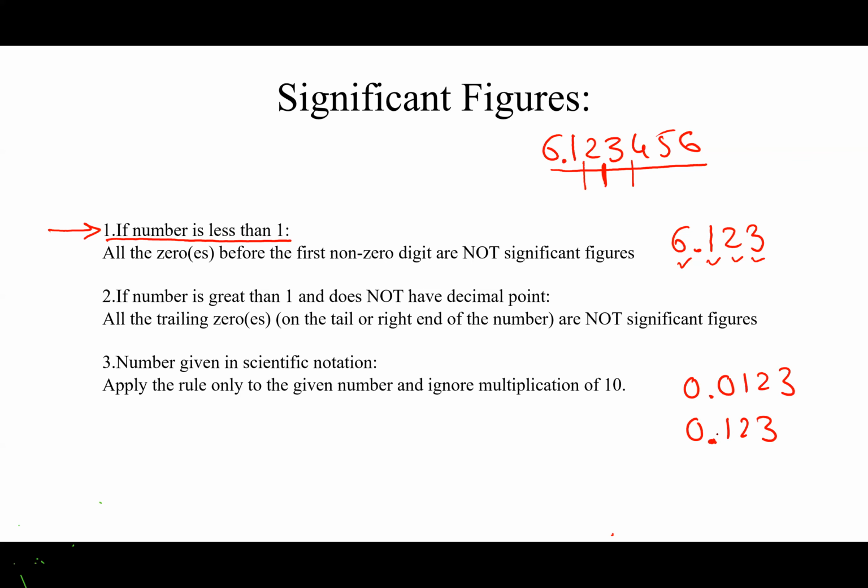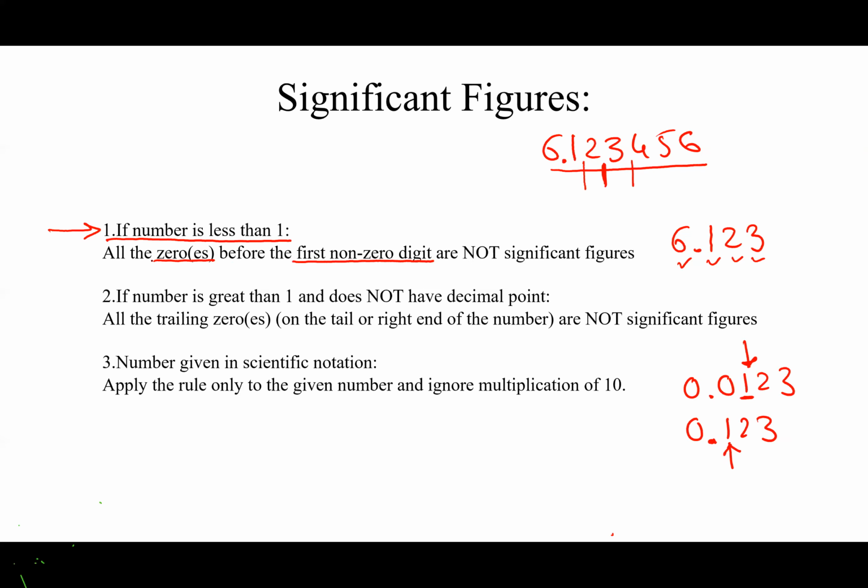Then it says if the number is less than 1, all the zeros, no matter how many you have, before your first non-zero digit. In the first example, your first non-zero digit is right here. In the second example, your first non-zero digit is right here.